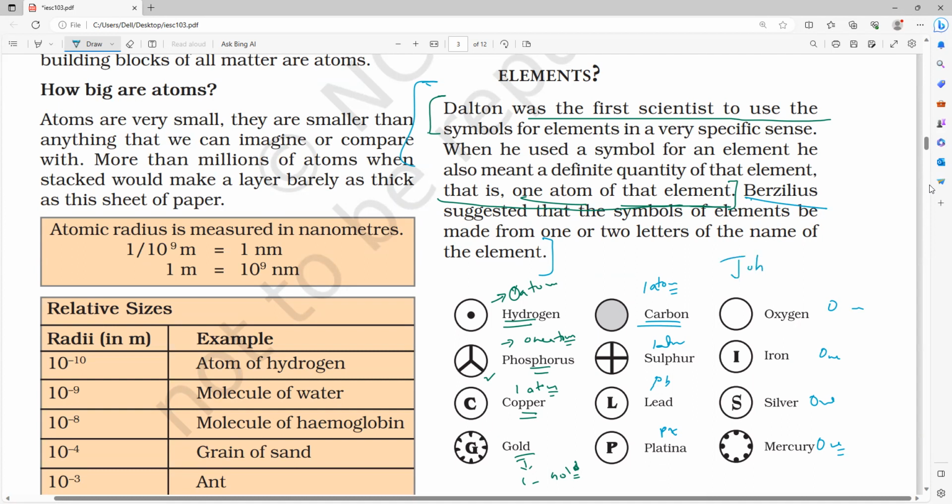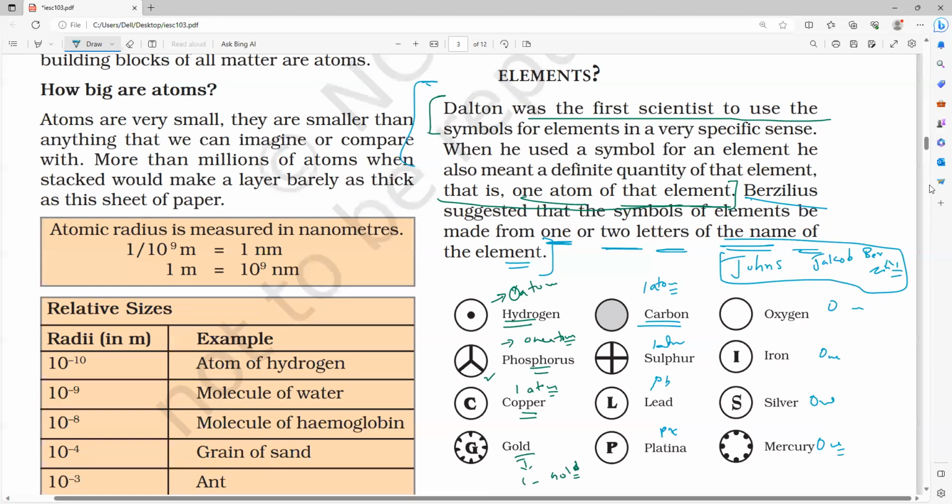Jons Jacob Berzelius. So that is the scientist who said that symbols of elements are made from one or two letters of the name of the element. Are you clear, everybody? Please respond.